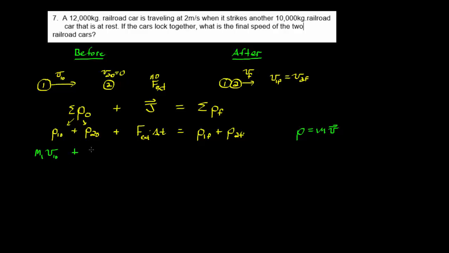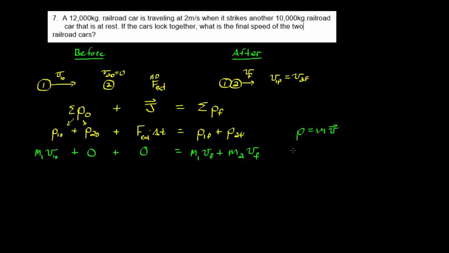So the momentum is 0. And then plus any impulse. So there's no external force. We already said that. So there's no impulse, is equal to afterwards. So afterwards we have mass 1 times VF. They have the same velocity. So I'm just going to use this instead of this. Those are equal to each other. Plus mass 2 is also moving VF.